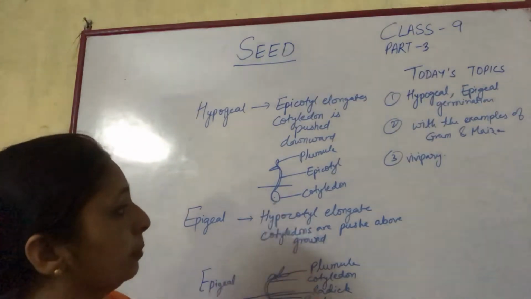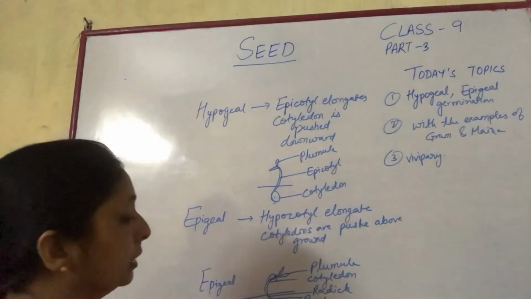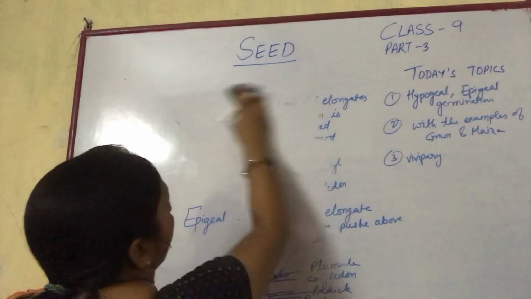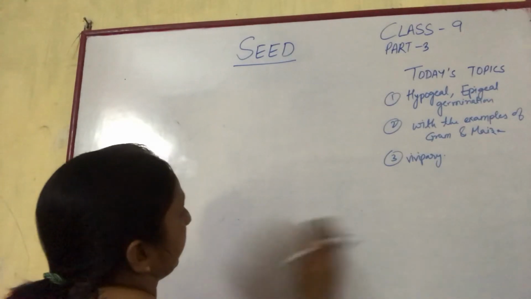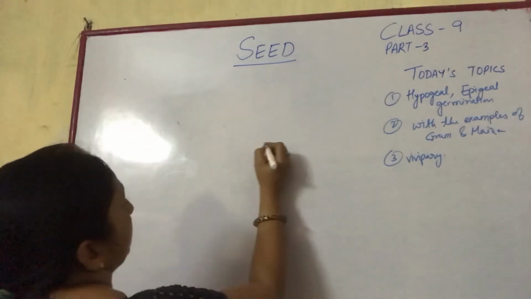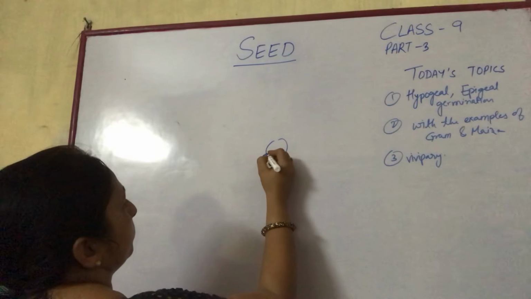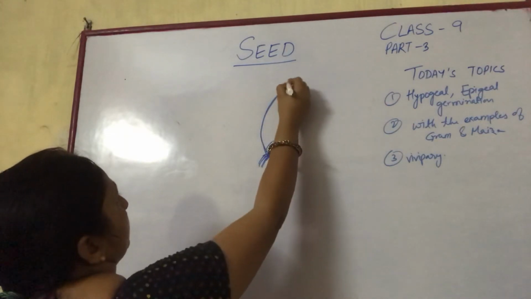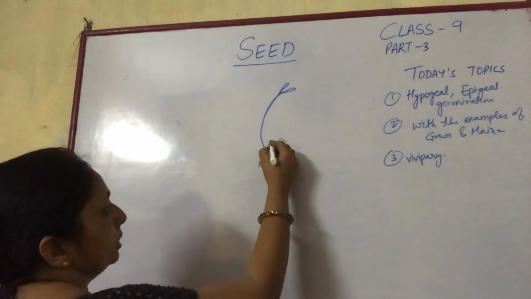In the examples I have shown you, gram and maize seeds I am not having, so I can show you with the help of a diagram only. Gram seeds, as I showed you in the case of chickpea, when the roots develop from this and the shoot like this, the germination is hypogeal germination.